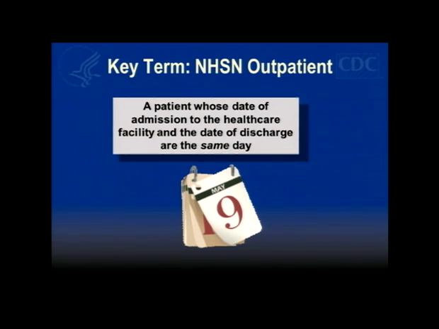Now, we know that sometimes somebody comes in and they're intended to be an outpatient, but something happens for whatever reason and they end up not going home until the next day. For NHSN, that's an inpatient, even if your billing department calls it something else. So depending on the procedures that you do, you'll need to understand how that works in your facility so that you can get your patients into the right categories.